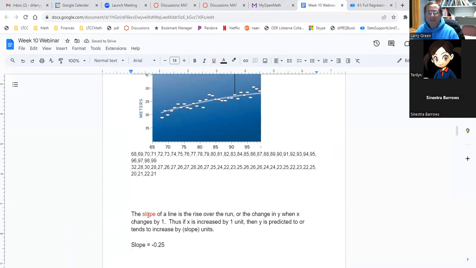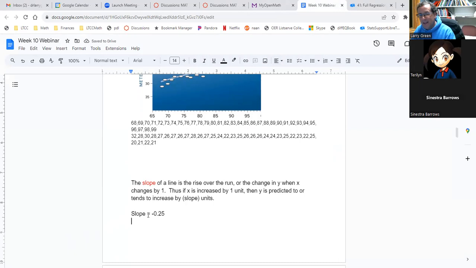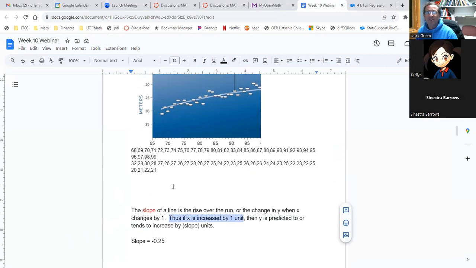Now we can take that number and interpret it using this: if x is increased by 1 unit. What does it mean to increase x by 1 unit for our example?